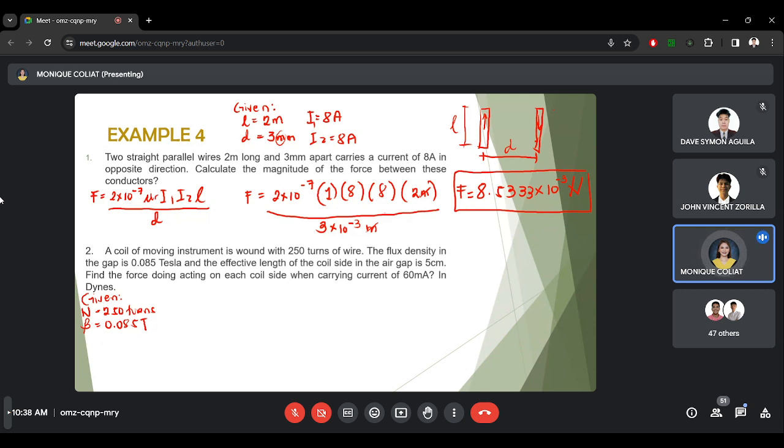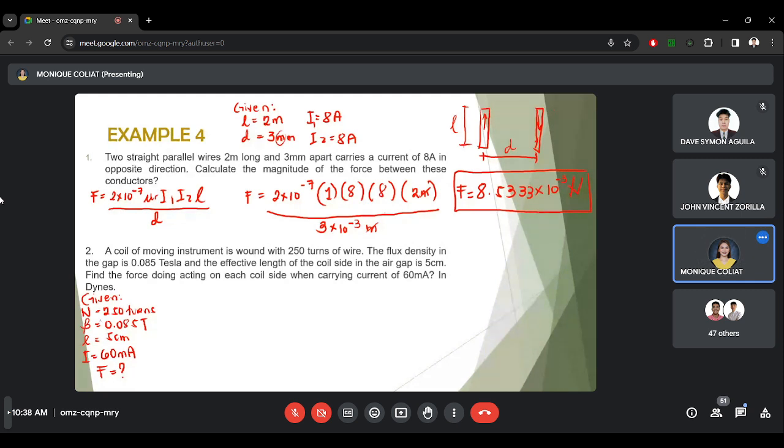Effective length of the coil side is 5 centimeters. Then, current 60 milliampere. Force daw.